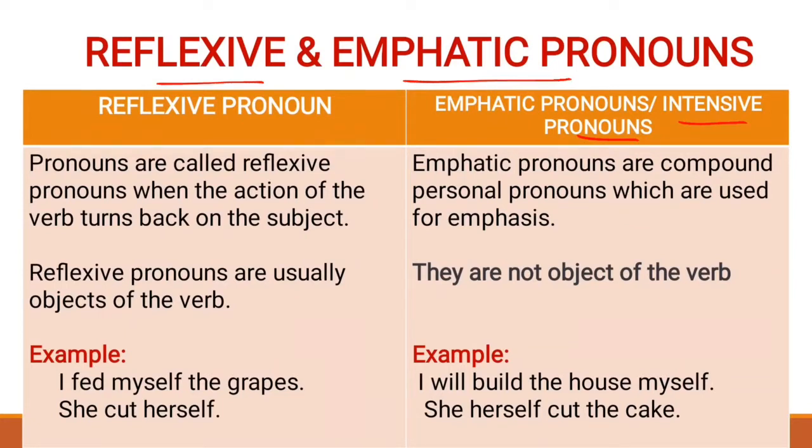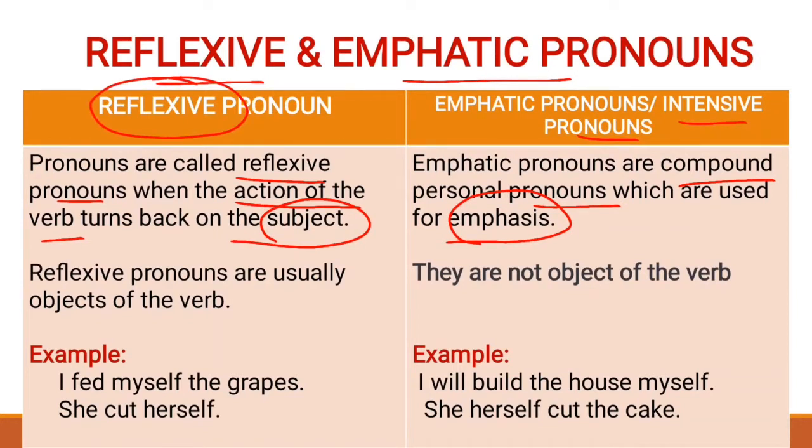Pronouns are called reflexive pronouns when the action of the verb turns back on the subject, whereas emphatic pronouns are compound pronouns which are used for emphasis. Now, what have we understood out of this? Reflexive word has come from reflection.